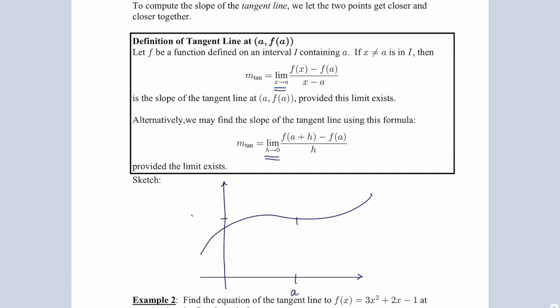F of a is always a y value, and we're imagining that a and f of a are fixed. I don't like that function. It just looks a little too flat right there. Let me change it. It was technically fine, but all right. And then we're taking a point close by, and we're either calling this x or a plus h, right?